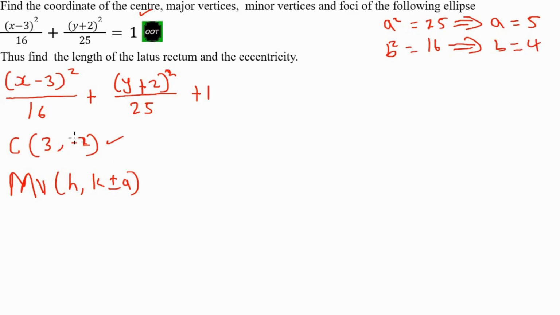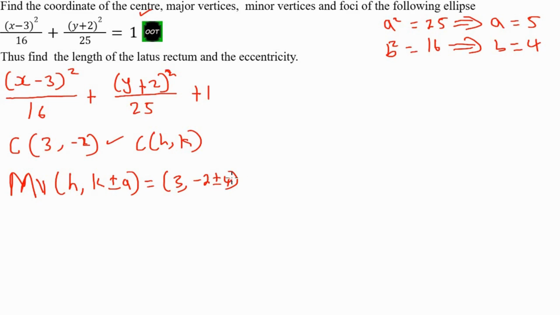So basically, since I have the value of k to be minus 2 and h to be 3, remember, that will be h, k respectively. The value of h is 3, the value of k is minus 2, plus or minus 4.